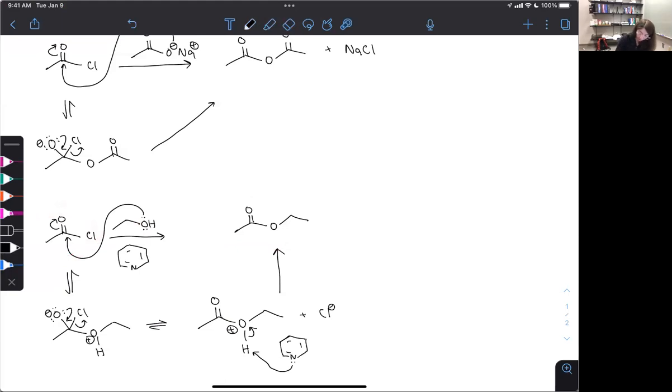Okay, so we also made as a byproduct pyridinium chloride. So that's what it's called when it's protonated, and we've got a chloride counterion. So again, we're just soaking up essentially an equivalent of HCl in this process, where we've got the H over here and then the Cl over here. And we're just mopping that all up with the pyridine so that it doesn't get super, super acidic and really cause some problems.